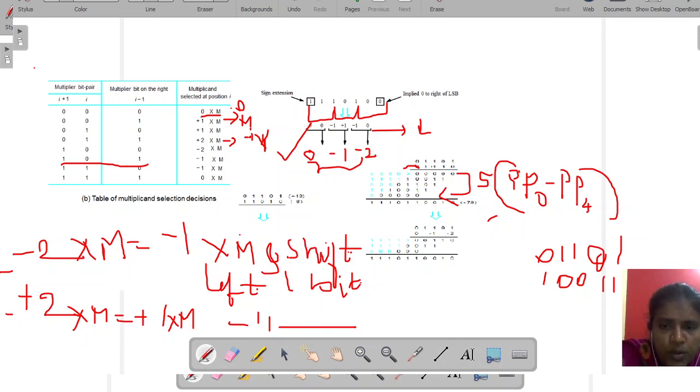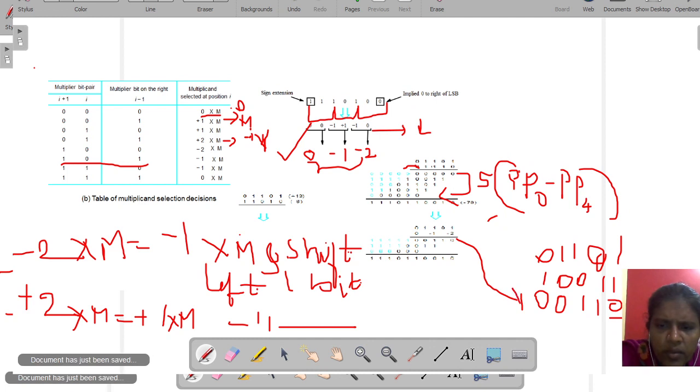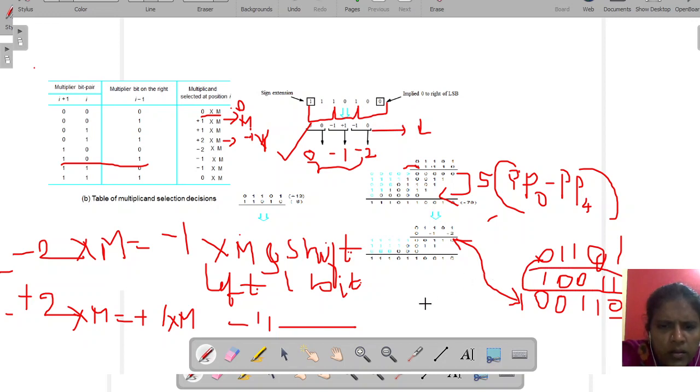Now you are supposed to shift left 1 bit position. When you shift left 1 bit position, it is 1 0 0 1 1 0, with the vacant position filled with 0. This is your answer for minus 2 into m. Minus 1 into m is 1 0 0 1 1.